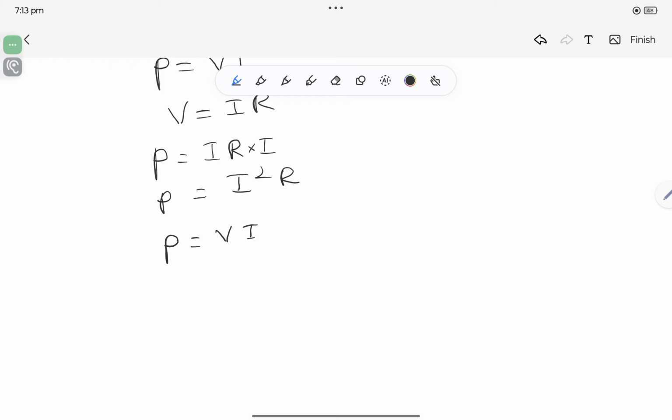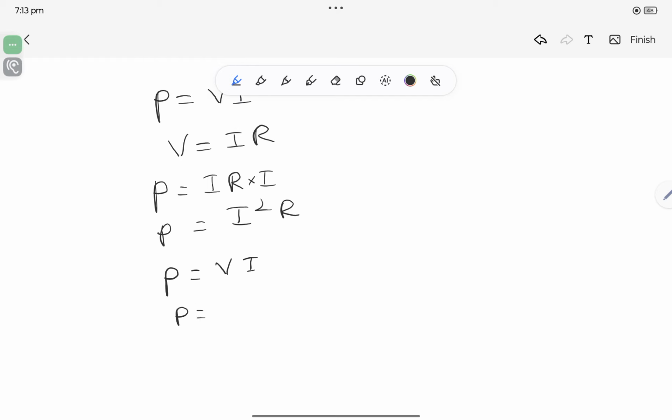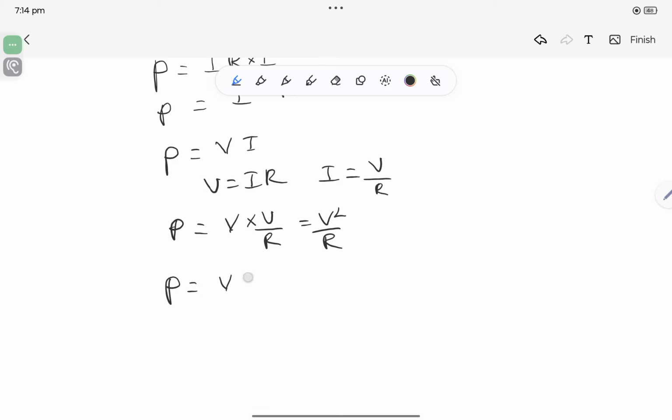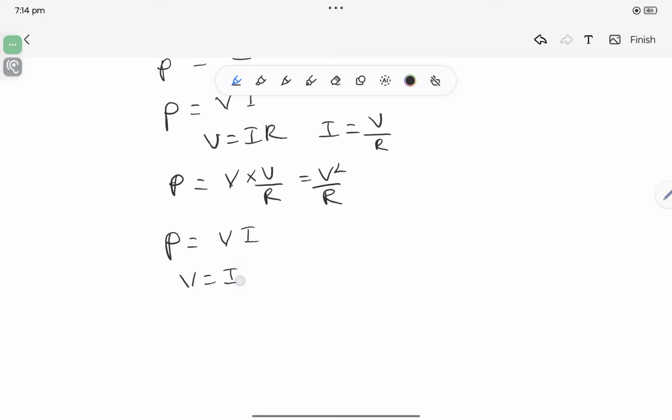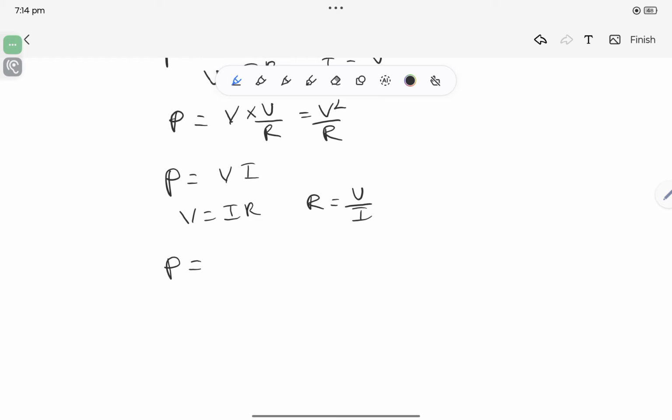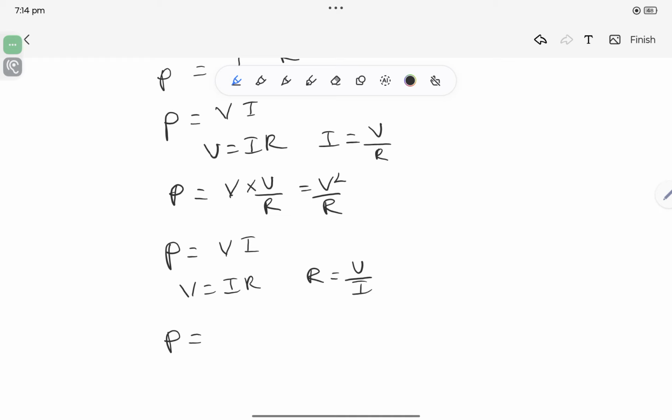From Ohm's law, V is equal to IR. From this, I is equal to V by R. So P is equal to V into I, which is V into V by R, so P is equal to V square by R. This is one of the formulas. Also, R is equal to V by I. If they give resistance and voltage, we can apply this formula.